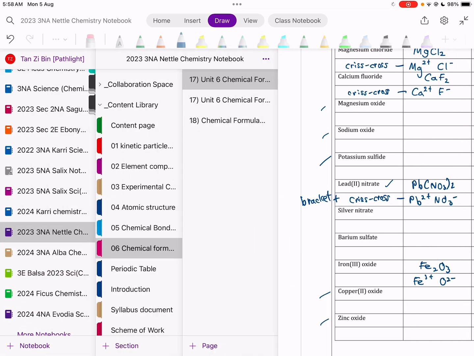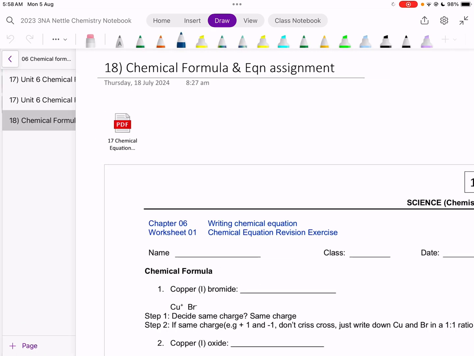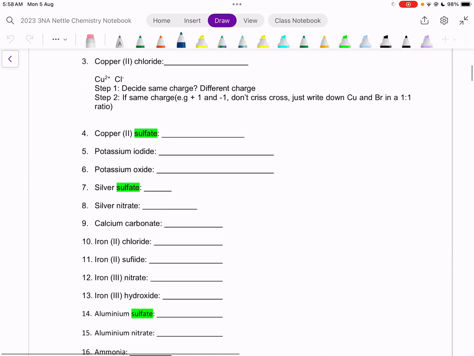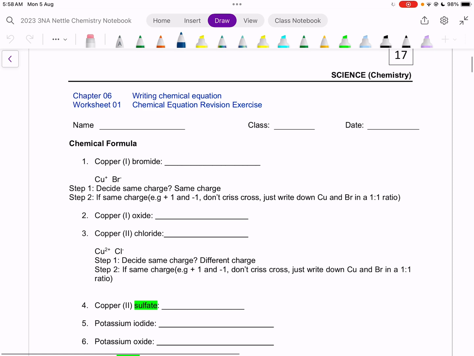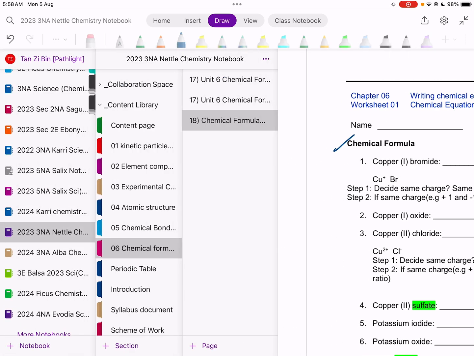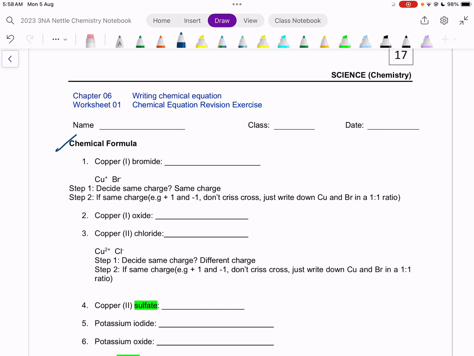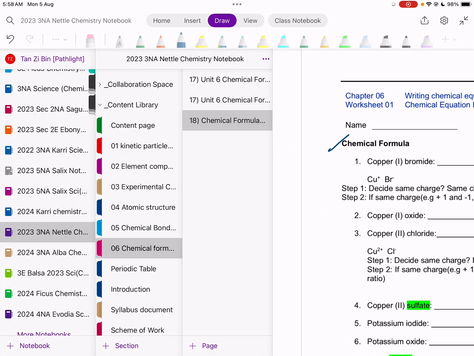The next thing that you do is worksheet 18, questions 1 to 27 on the chemical formula part, the chemical equation revision exercise.